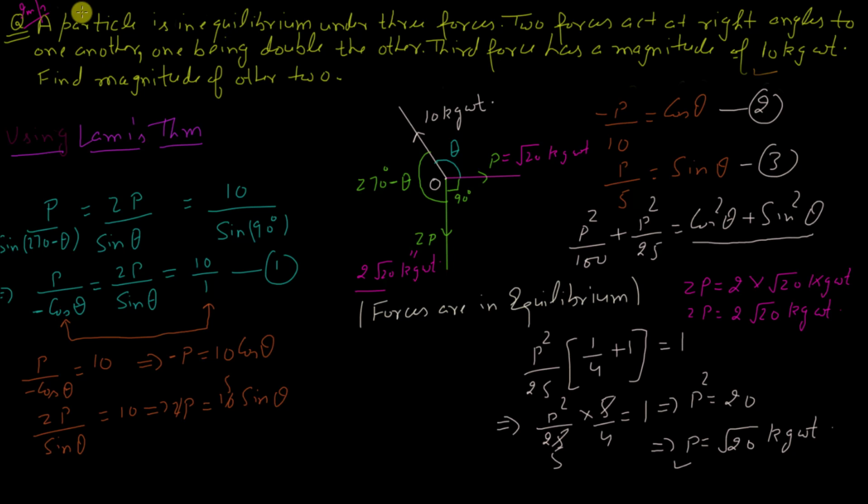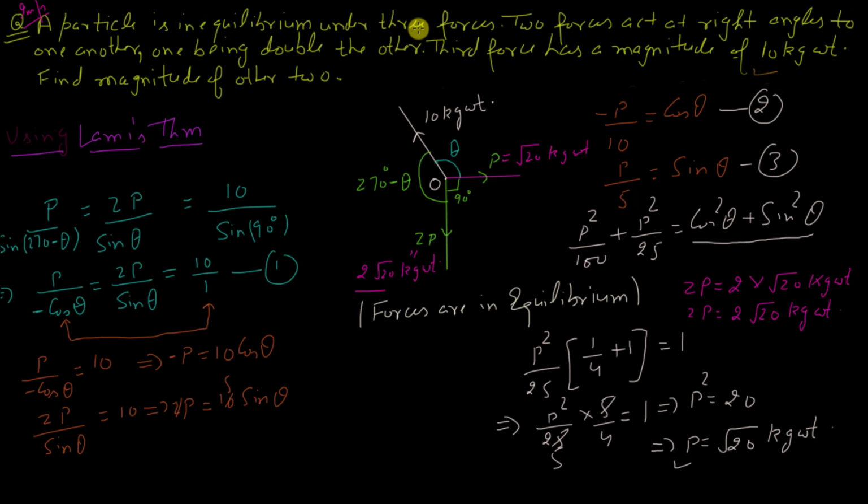So I hope that you will be able to understand how we apply the Lami's theorem when there are 3 forces. The Lami's theorem will be applied only when 3 forces are given, and those 3 forces are concurrent and coplanar. You must remember, if 4 forces are given, you cannot apply the Lami's theorem upon the 4 forces.